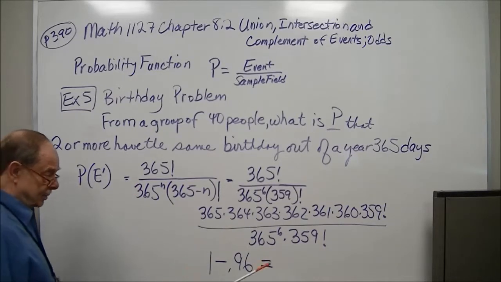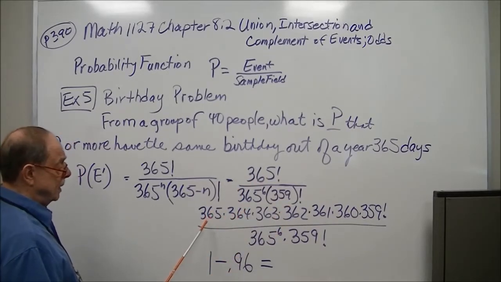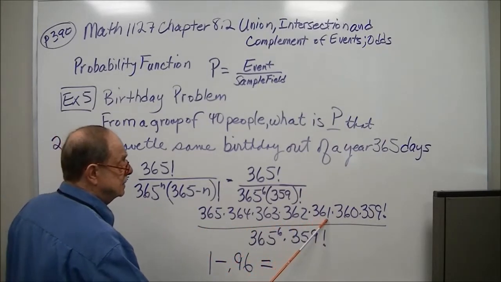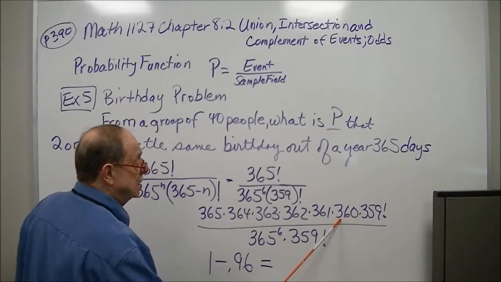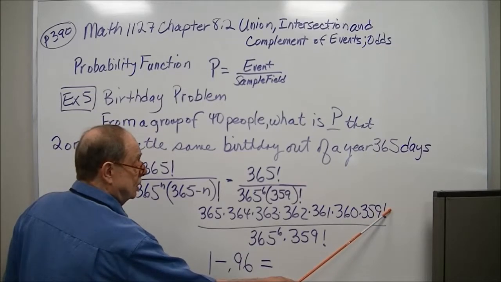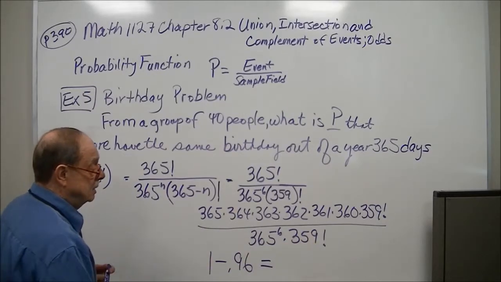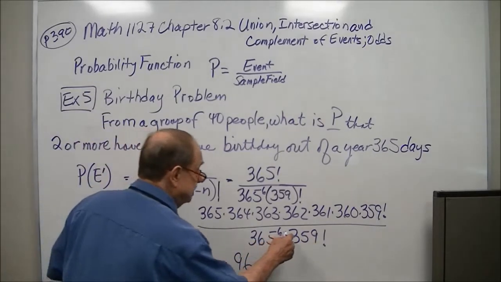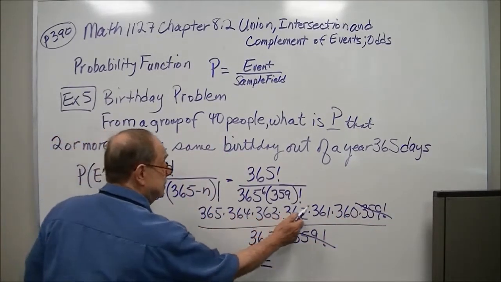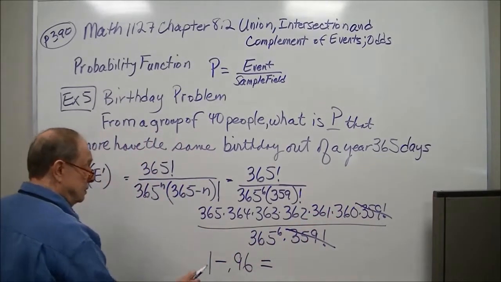So the way the book suggests that you do it, and this is a technique from an earlier section, we write 365, 364, 363, 362, 361, 360 I should say, end up with 359 factorial, because down at the bottom, 359 factorial, these then cancel out. So you can do this in your calculator, divide it by this, and that'll give you around 0.96.